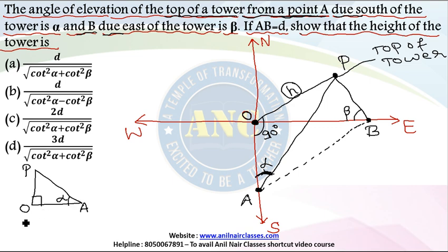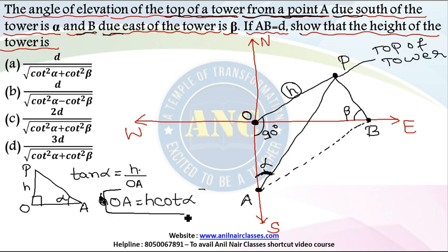Now tan alpha is nothing but opposite H by adjacent OA, opposite by adjacent. So OA will be equal to H divided by tan alpha, or H cot alpha. This is my first equation. OA is H cot alpha.